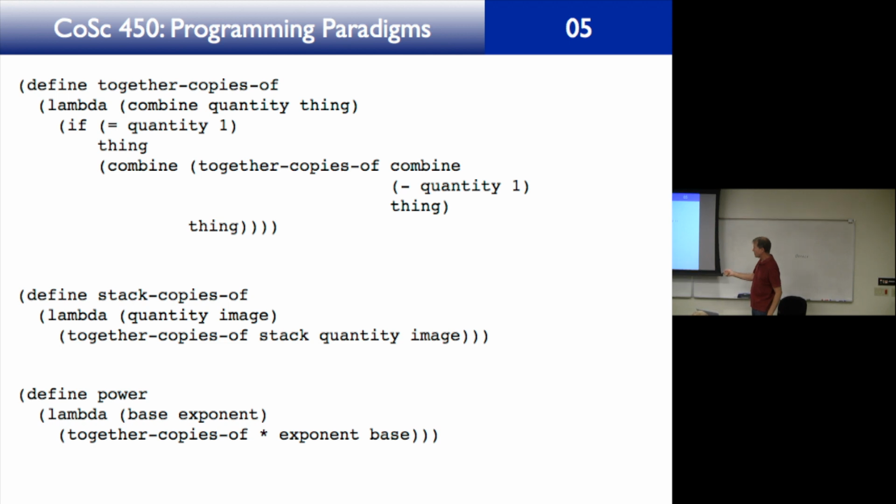And then down here when we defined power, it was together copies of, and then we passed the multiply function as the actual parameter to the formal parameter combine, so that up here this combine, it's left parentheses combined. So that's like saying left parentheses times, when we pass that times as the parameter. So these are called higher order procedures.